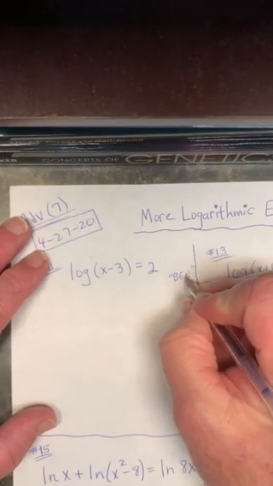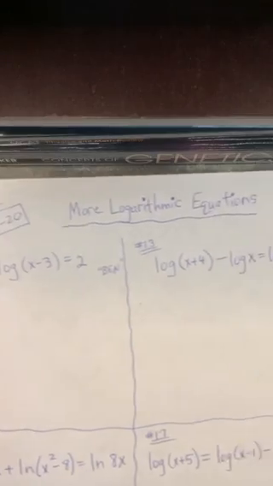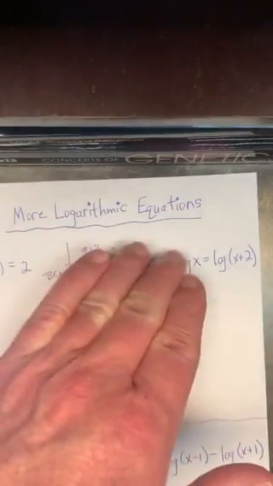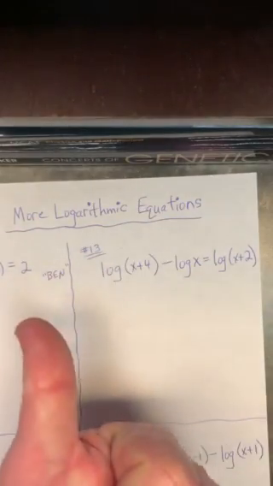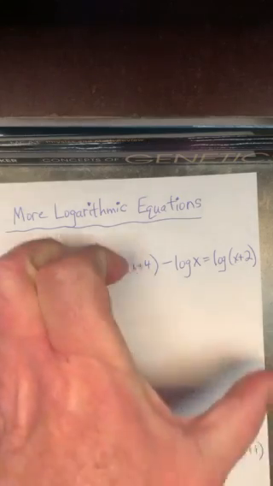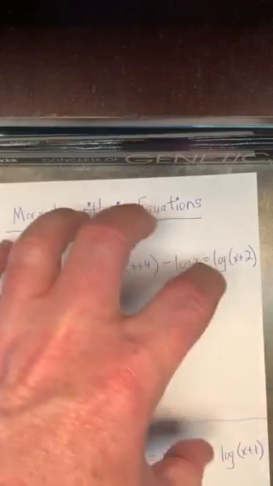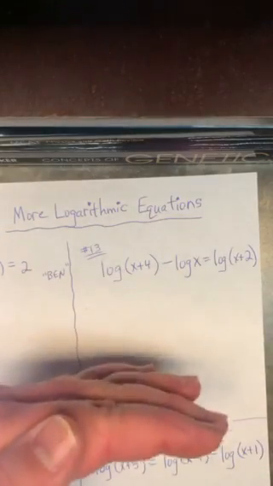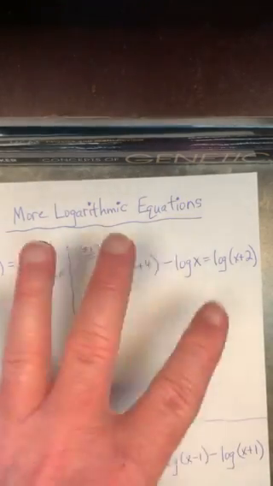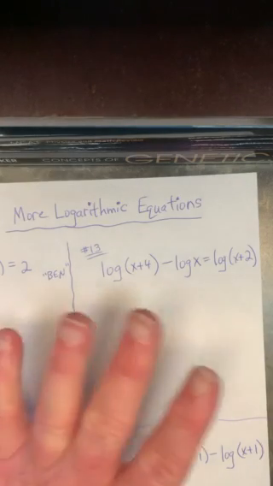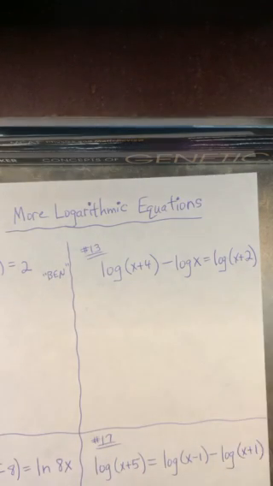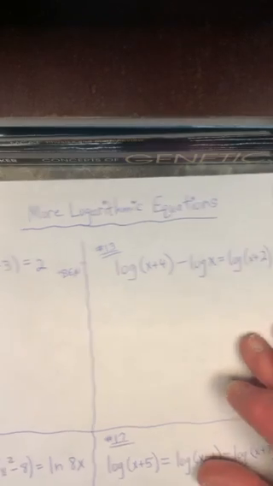Agreed? However, if your problem has more than one log in it, you can't bounce to the word Ben yet. You've got to condense, expand, combine, work algebraically until you get to the one-word log, and then kind of go from there. So be careful.